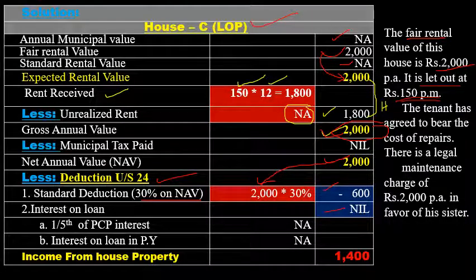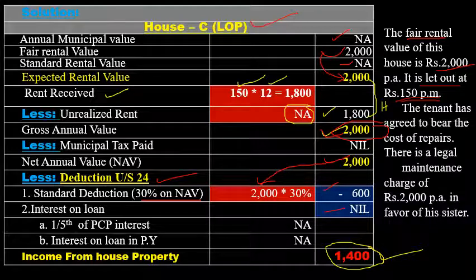So after considering standard deduction and interest on loan, the balance amount, 1,400, is considered as income from house property. 2,000 minus 600 is the balance; that is the profit he is going to get, rupees 1,400. So whatever other information is given in the problem is not required, as I told earlier.